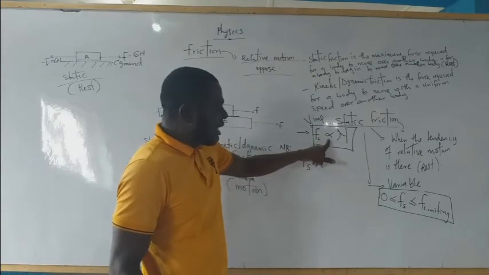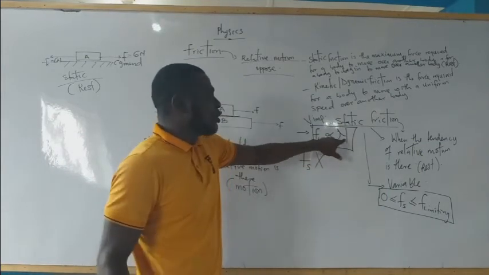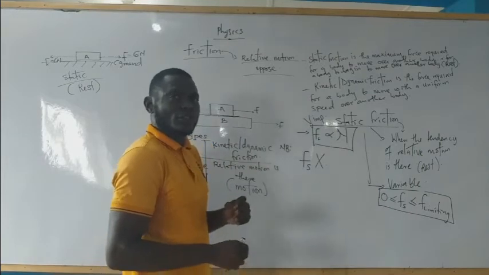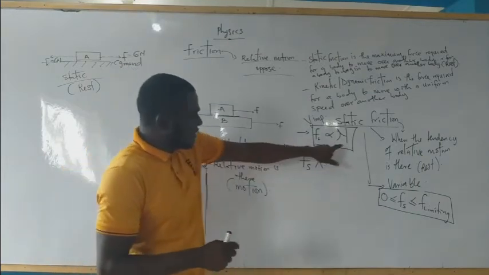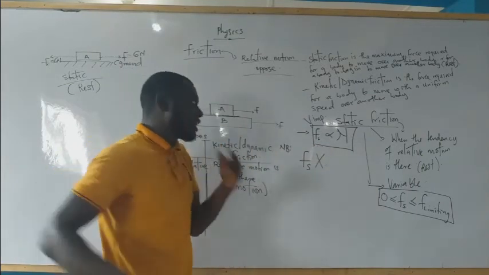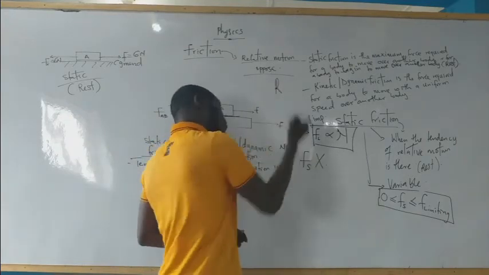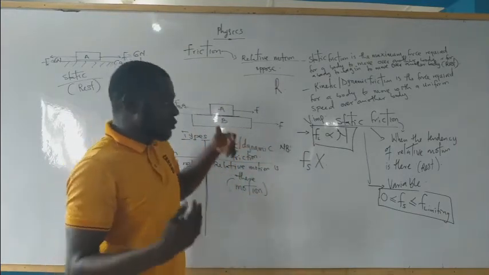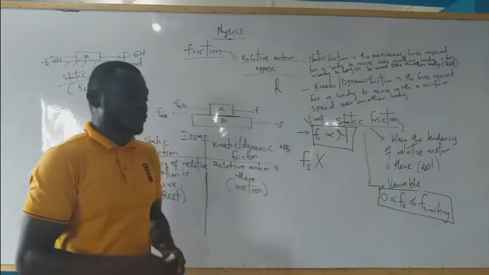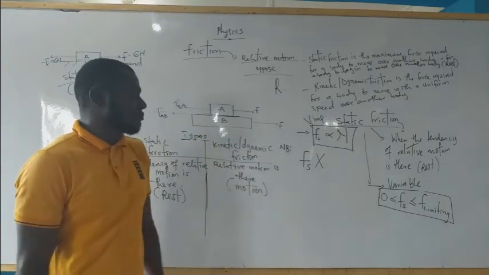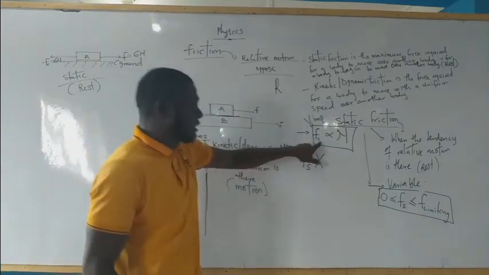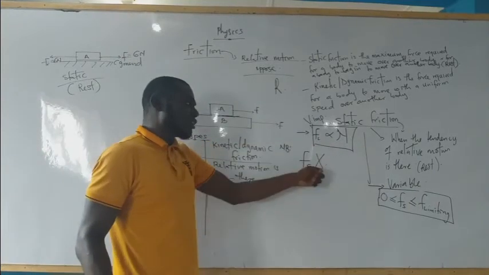FL is proportional to the normal reaction. That is N. Some textbooks use R, which stands for reaction, or N, normal reaction. Very, very important.